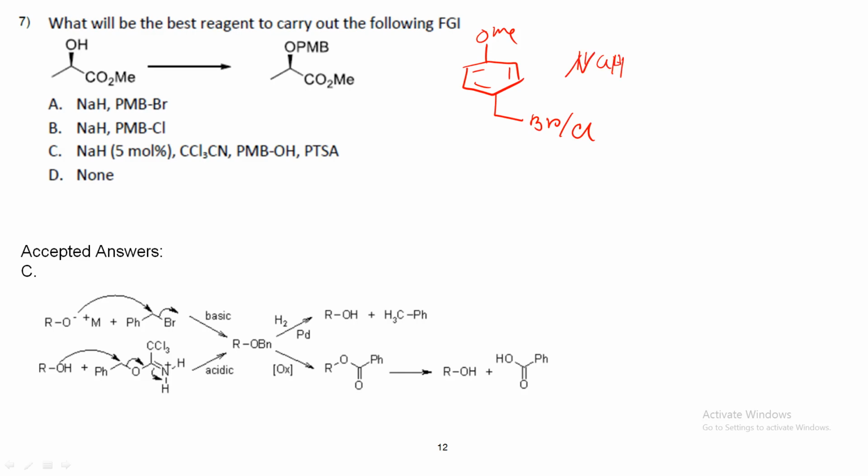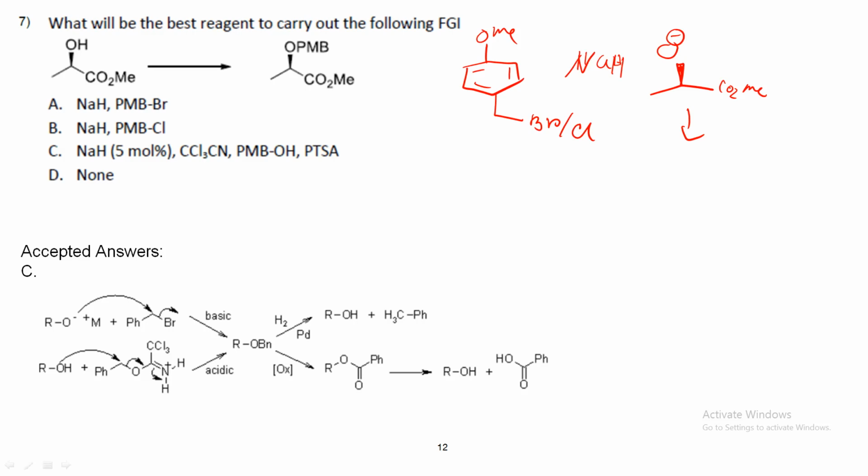So they are asking for the base reagent to carry out this transformation. So let's look at it. When sodium hydride is charged into this particular reactant, at first the acidic proton would be taken by it, and O minus would be generated, and then a simple SN2 reaction.